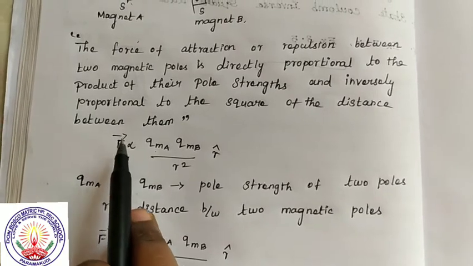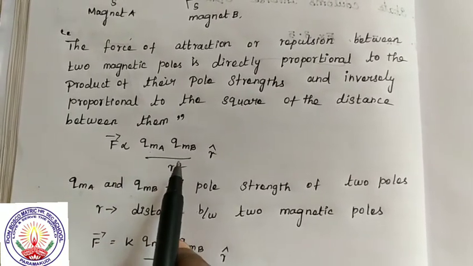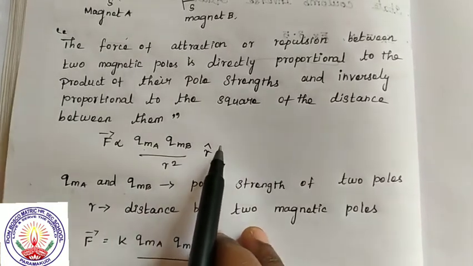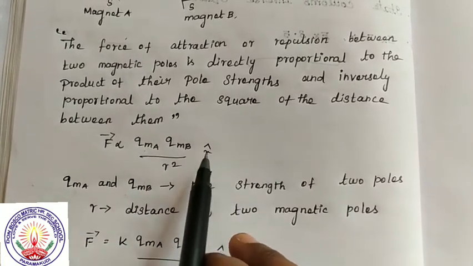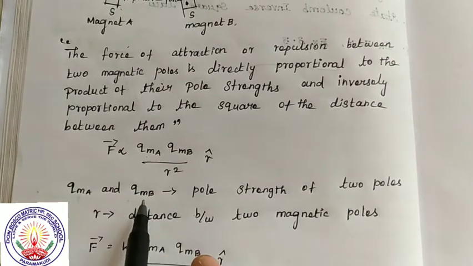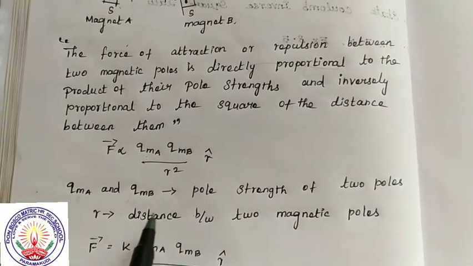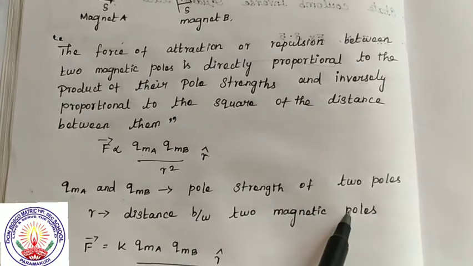That means F vector is proportional to QMA QMP by R squared into R cap. Already we know that R cap is the unit vector. QMA and QMP are the pole strengths of the two poles, and R is the distance between the two magnetic poles.